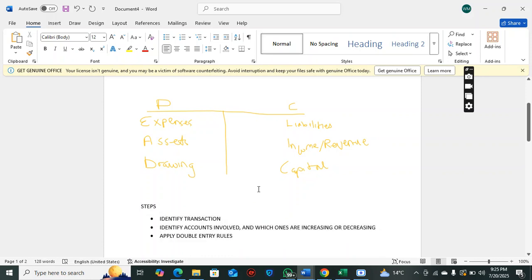I'll give you 2 minutes to draw this diagram. As the others are drawing, colleagues, any questions on the previous transaction?